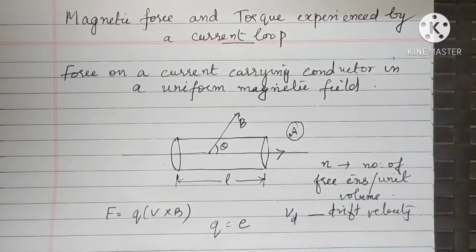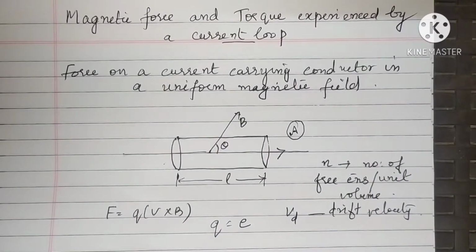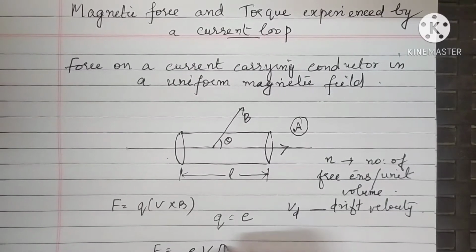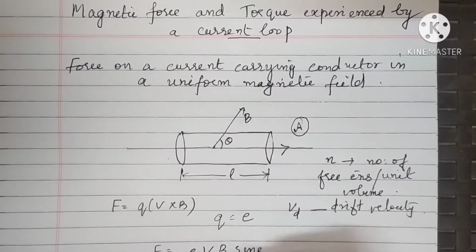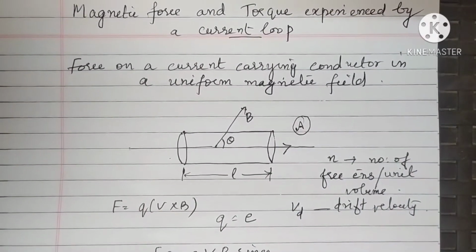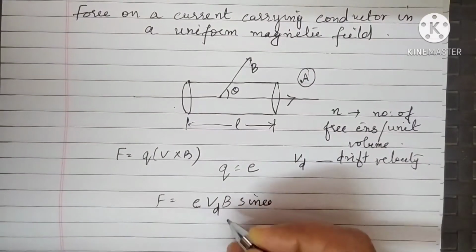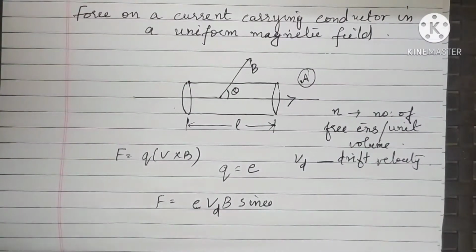So since here the conductor makes an angle theta with the magnetic field, then the magnitude of the force you can write it as F is equal to e V B sin theta. That is Q into V cross B. Instead of Q we put e, so e into V cross B or e V B sin theta. Here V is the drift velocity of the electrons.